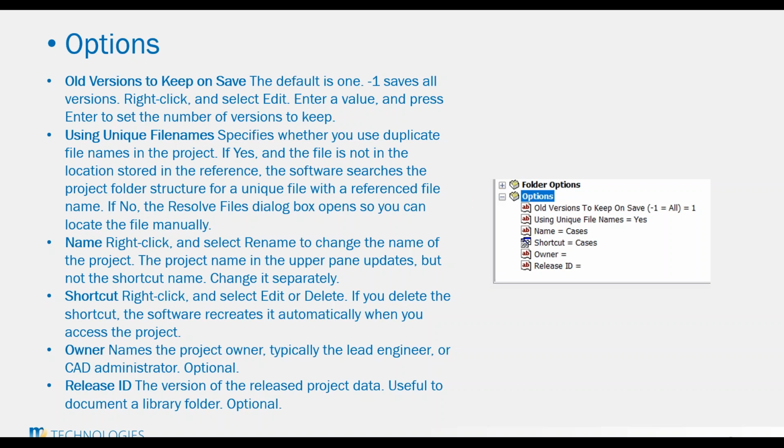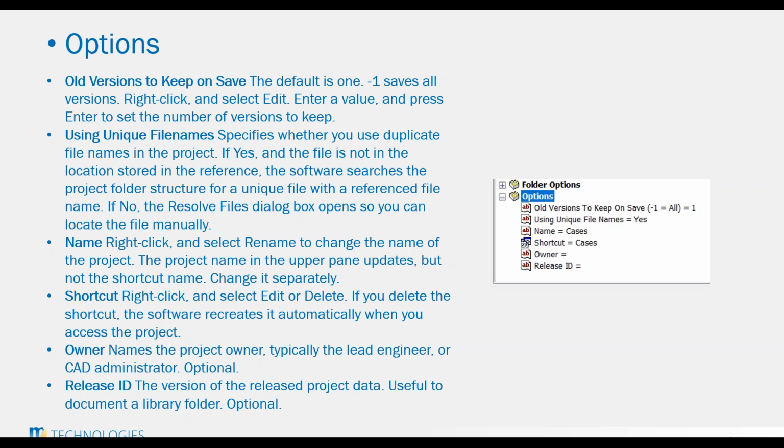The name is where you can actually change the name of the project file display name. Same with a shortcut, you can edit that, and the owner and the ID is really just for CAD admin information. So go back to the top, the old versions to keep on save, the default is -1.